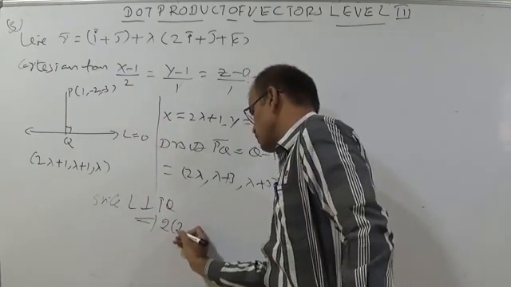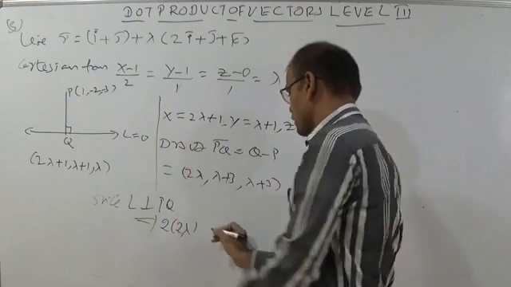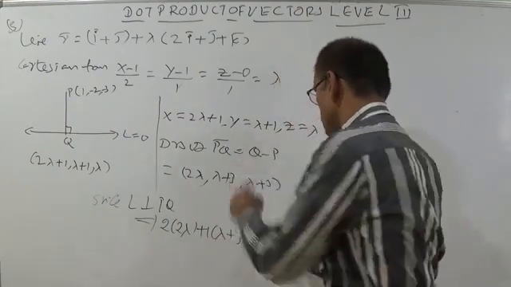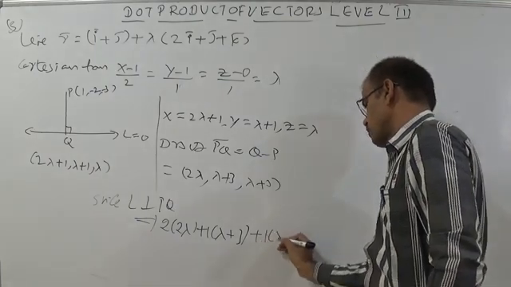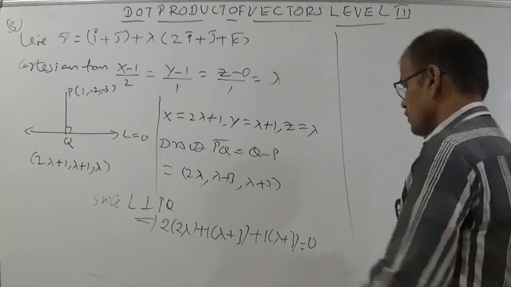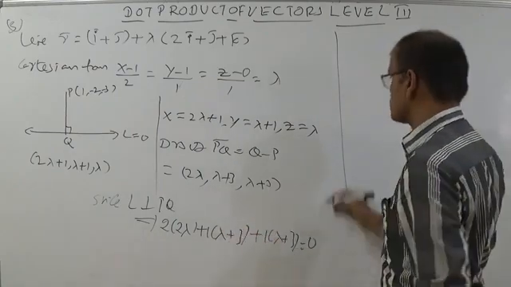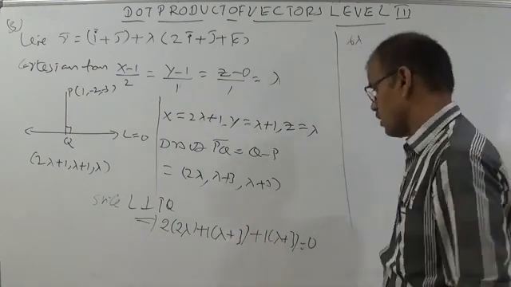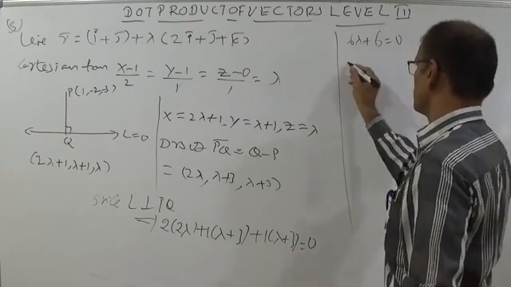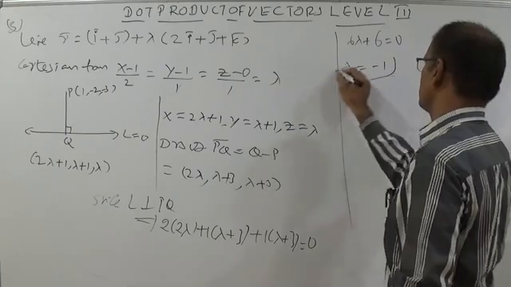2 into 2 lambda, plus 1 into lambda plus 3, plus 1 into lambda plus 3 is equal to 0. Now 4 lambda plus lambda becomes 6 lambda, and 3 plus 3 becomes 6, so 6 lambda plus 6 equal to 0. So lambda is equal to minus 1.